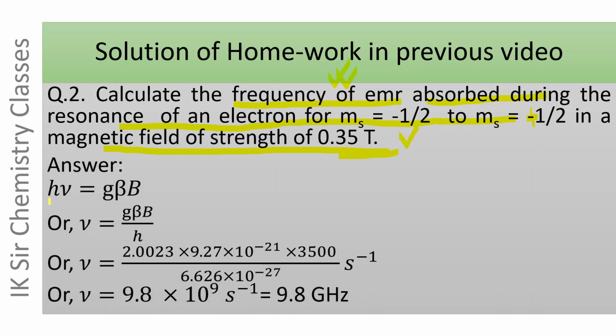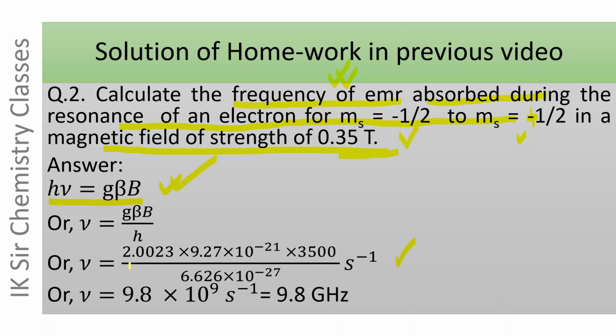h nu should be equal to G beta B for the resonance of a spin of electron from ms equals minus half to ms equals plus half, and we have to calculate nu here. Nu will be equal to G beta B divided by h, and on putting the values of different terms, we have this one.